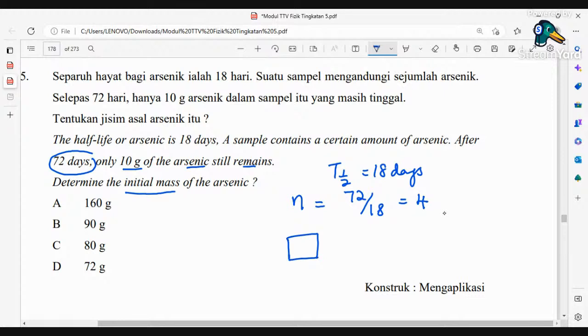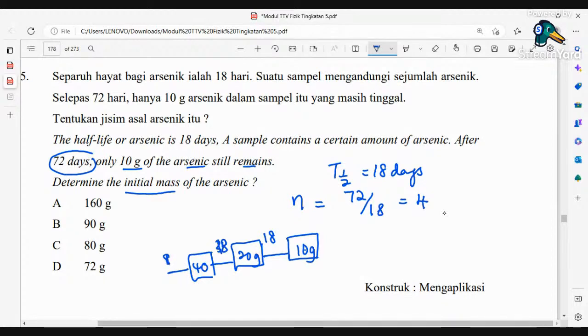If this one is 10 gram, 4 half-lives before, we need to patah balik lah. 18 days before, it should be twice this one, right? So 20 gram. Another 18 days before, should be 40.